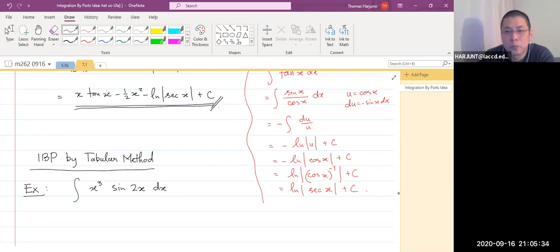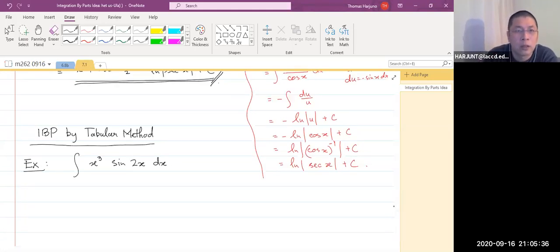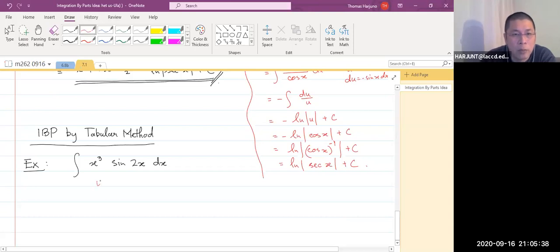Now, I will start with, let my u1 be x cubed, my d phi1 be sine 2x dx. du1 equals 3x squared dx. phi1 is negative 1/2 cosine 2x.